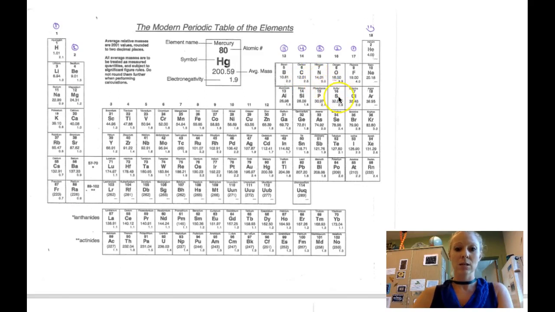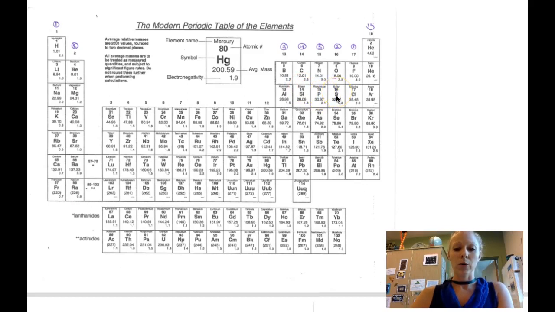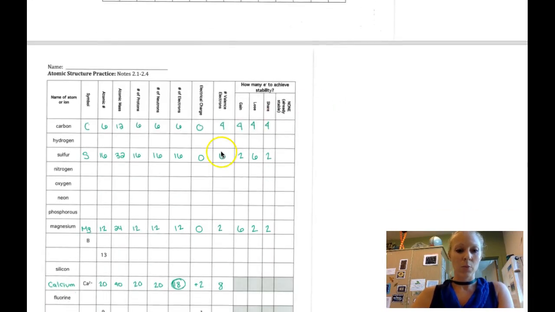It's in the 6th column, so therefore it has 6 electrons in its valence shell, or its outermost shell. So chlorine will have 7 electrons in its outer shell, and silicon will have 4 electrons in its outer shell. But we're talking about sulfur right now. So let's go down here, and we put 6 valence electrons.